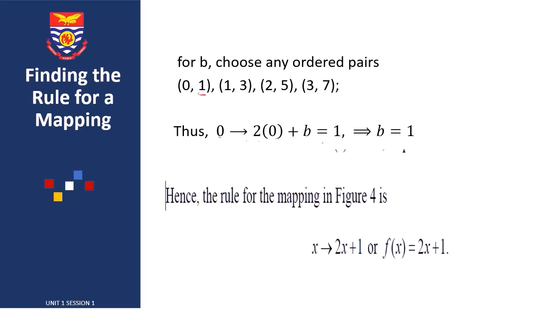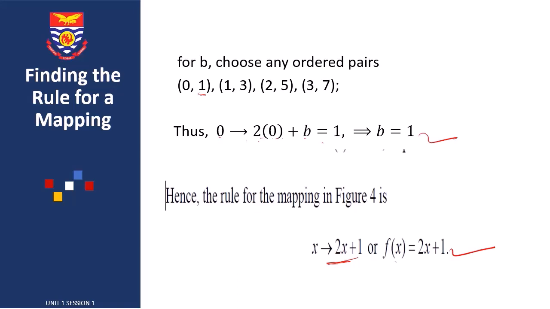So x is 0 here, and the function is 2x, so 2 times 0 plus b gives b equals 1. Now putting b equals 1 and a equals 2 into the linear function, we get this as the rule for that mapping.